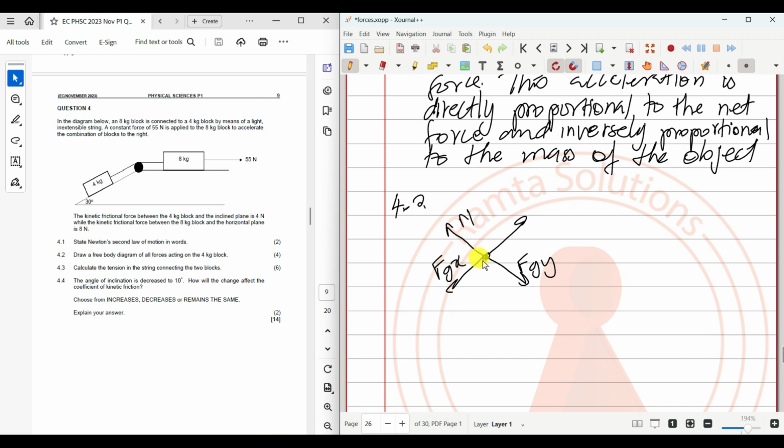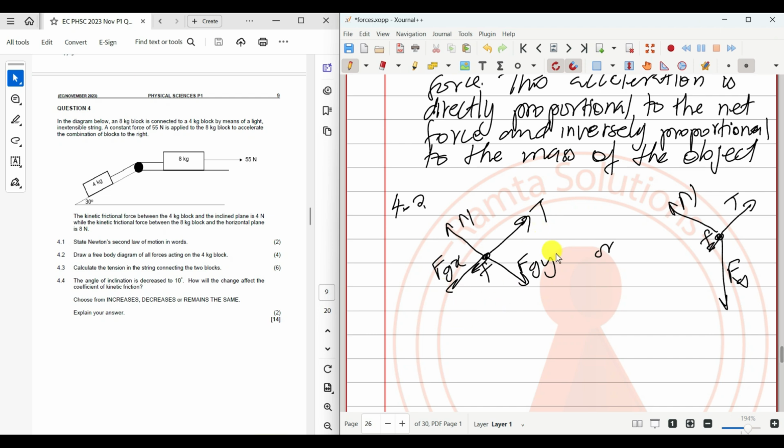And not just that, there's also friction. Or you can say it is weight and then normal force and then tension and then friction.